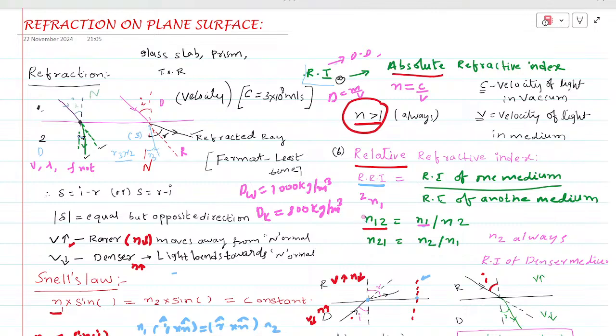According to many authors and books, N2 is always the refractive index of the denser medium. Somebody will go with the letter mu for refractive index, but for my convenience I am taking the letter N. So N2 is always the refractive index of the denser medium.